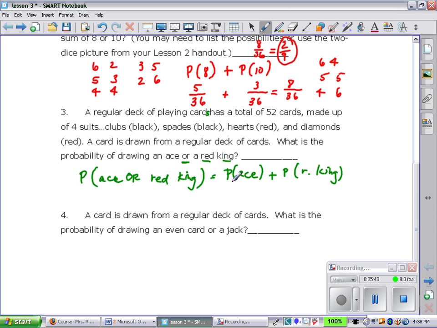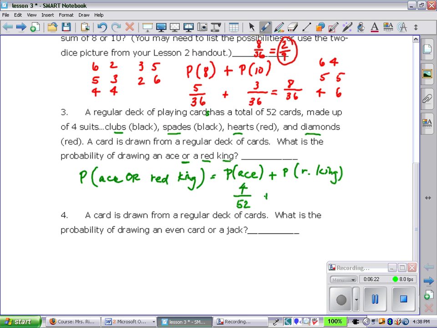Let's figure out the ace. First of all, what's our sample space? How many total cards are there to choose from? That's right, 52. If you weren't right, then don't tell anybody. Now, out of those, how many are aces? You have an ace in each of your 4 suits: ace of clubs, ace of spades, ace of hearts, ace of diamonds, which means there are a total of how many aces? Wait for it, and 4 is correct.